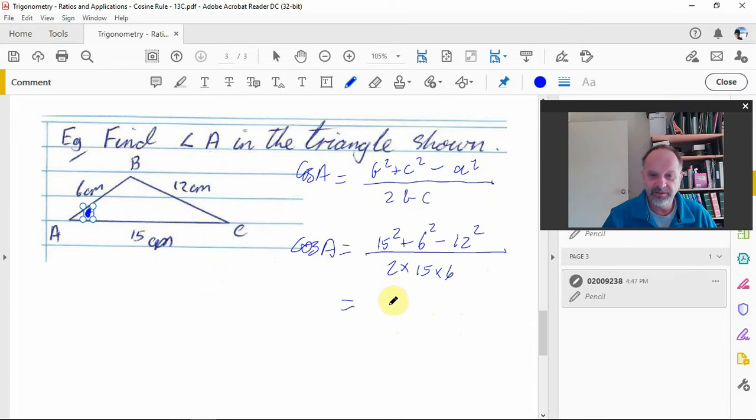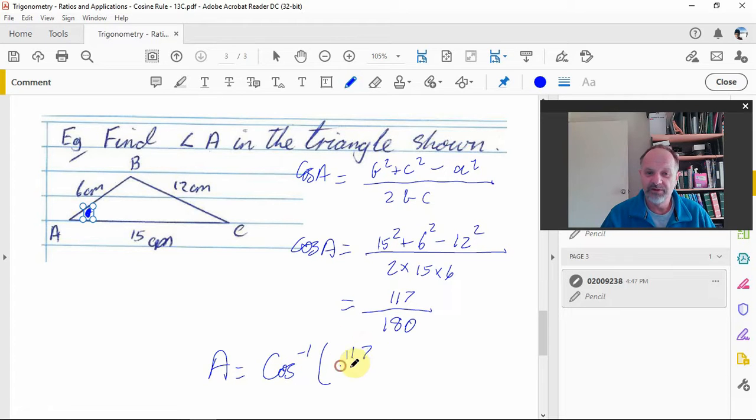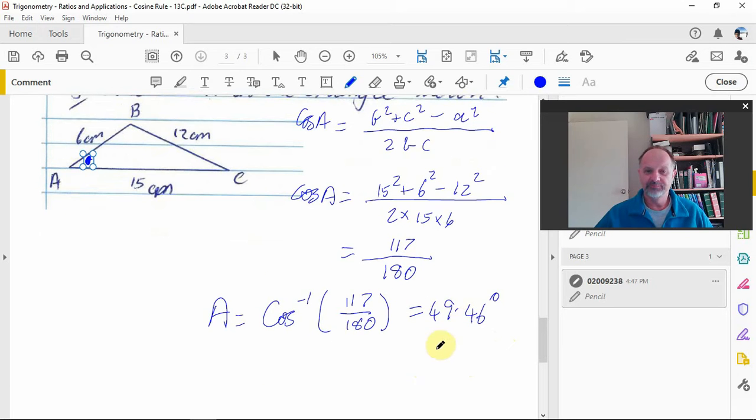And if you did that, you'd get 117 on the top, and on the bottom you get 180. And then to get the angle A, you've got to use the inverse cos of 117 on 180. And when you do that, you get 49.46 degrees. All right. And so that's how you find the angle.